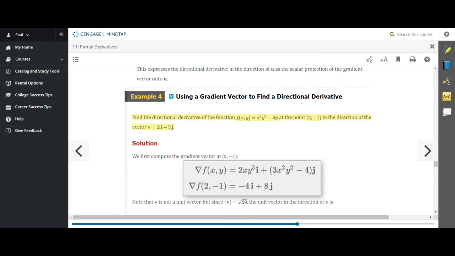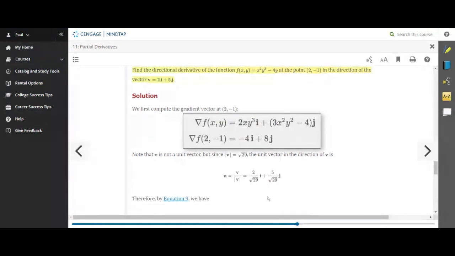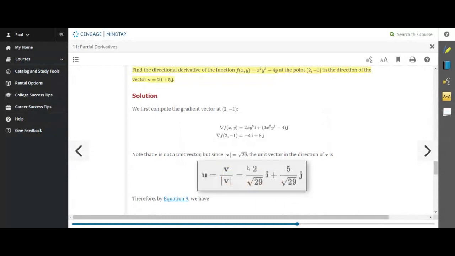Now we're almost ready to compute the directional derivative, but the problem is the vector v, which equals 2i plus 5j, is not a unit vector. So what we have to do is take the vector v and divide by its length in order to get a unit vector.